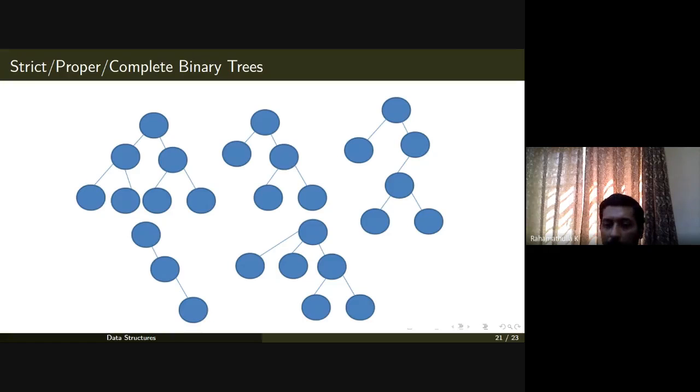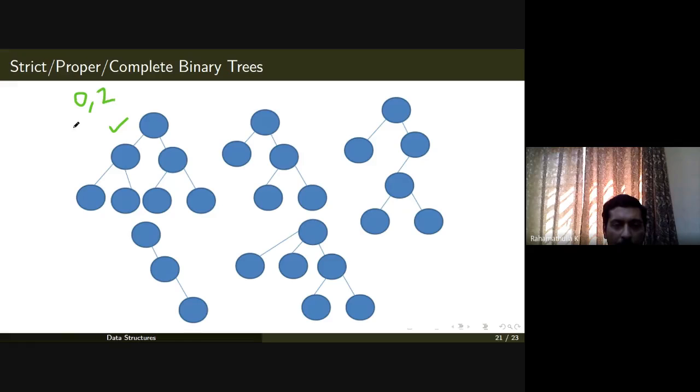Now let's quickly discuss strict or proper or complete binary trees. For example, in this case you have all the nodes, so this is a strict binary tree. A strict binary tree or complete binary tree will have nodes with either 0 or 2 degree.